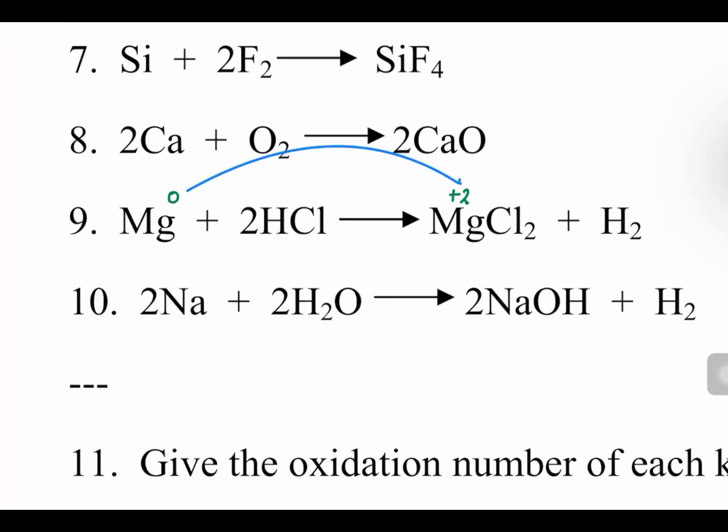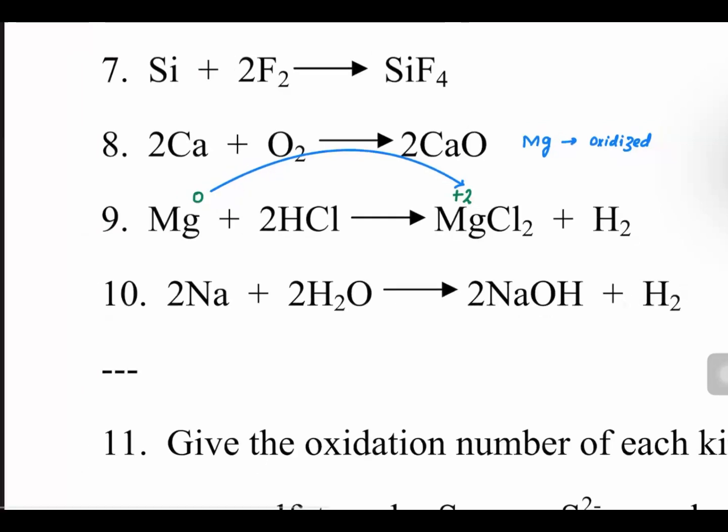Ultimately, this is the increase in charge, and increase in charge is oxidation. So I can say that magnesium is oxidized. But why? Because the magnesium has changed from 0 to +2. So this is the loss of electron, and loss of electron is oxidation.